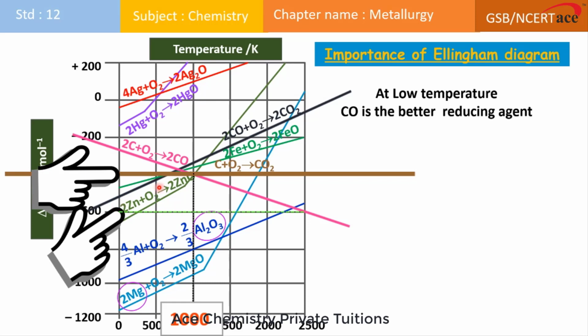It indicates that at lower temperature, if I have to select a reducing agent, it can be CO. That's why we say CO is the better reducing agent, because at lower temperature, before this point of intersection, it has a more negative value of delta G naught.